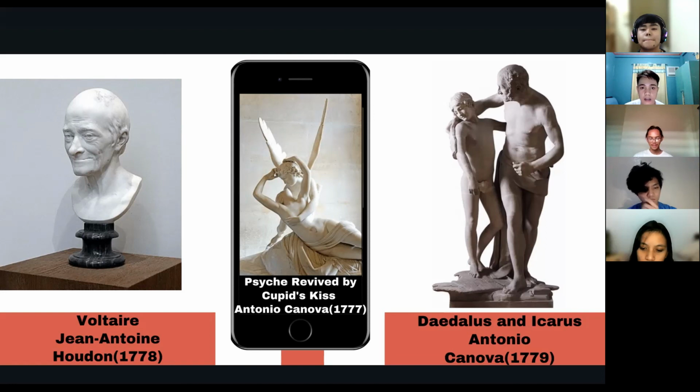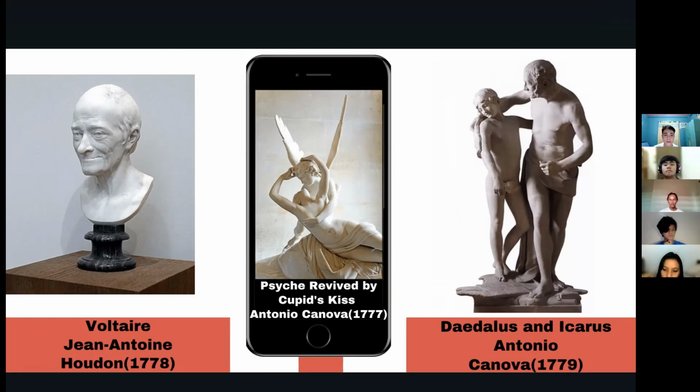Next is the sculpture made by Antonio Canova, Psyche Revived by Cupid's Kiss. Antonio Canova was the most famous artist in Europe during his time. He began sculpting in Venice, which soon propelled him to Rome.